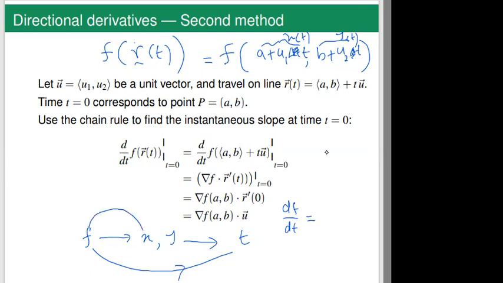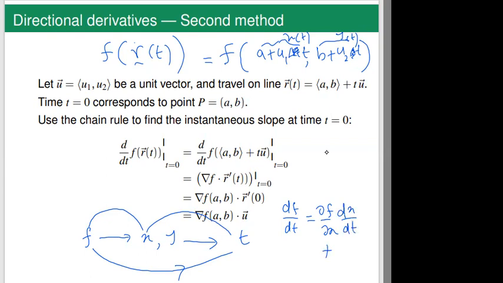partial, because here you have two variables, a partial of f with respect to x, and here you have a single variable, so dx by dt.